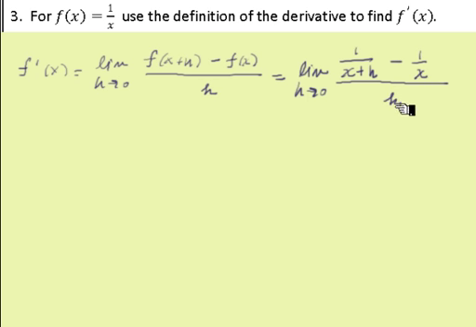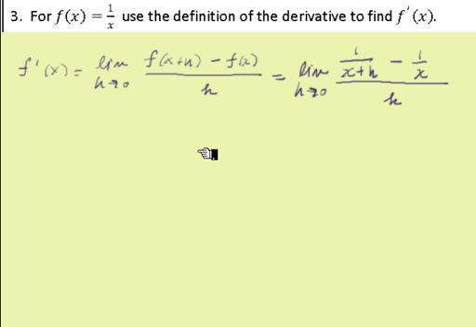Alright, so in all these problems we want to cancel an h from the numerator and denominator, so we have to manipulate the numerator a little bit, so that maybe a factor of h will come out. We'll do that by subtracting these fractions, getting a common denominator.